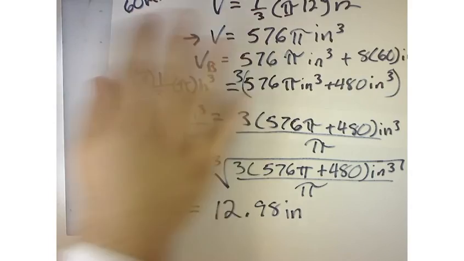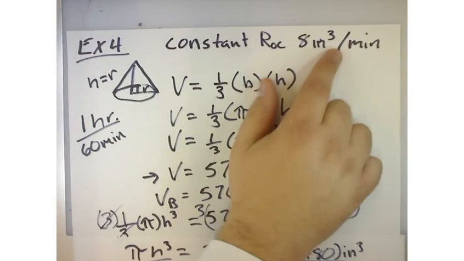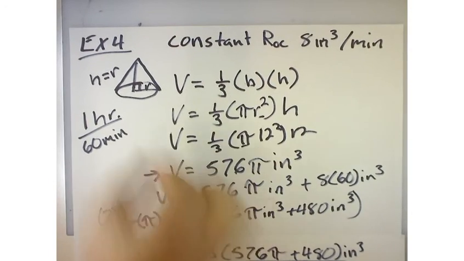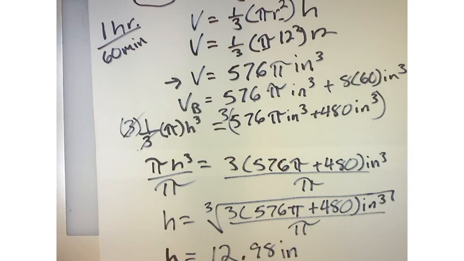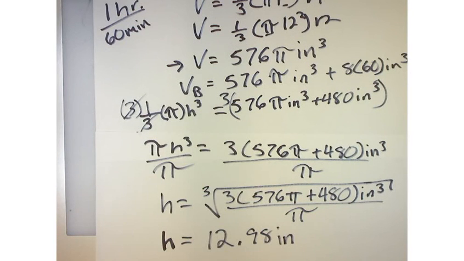Well, because the unit they gave us was volume. And so the volume of this cone increased because the radius increased and the height increased, but the height increase was very small compared to the volume increase.